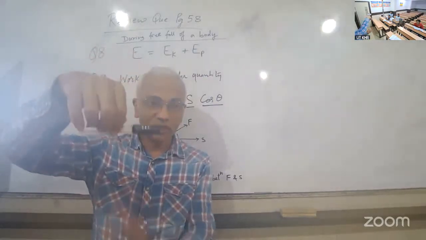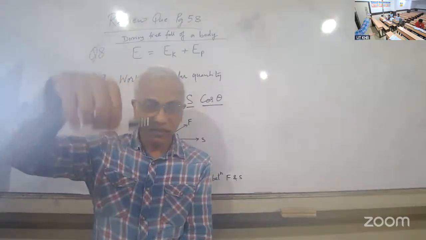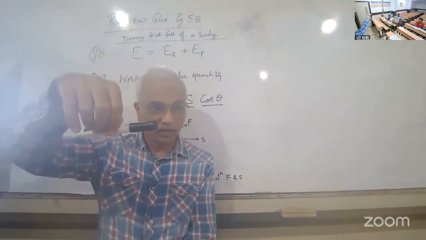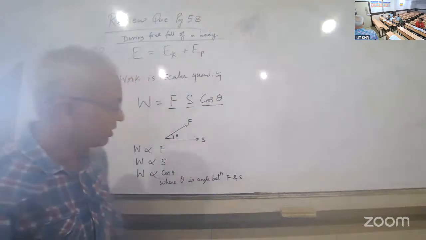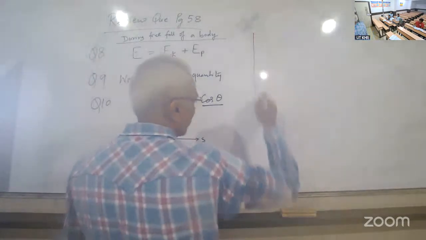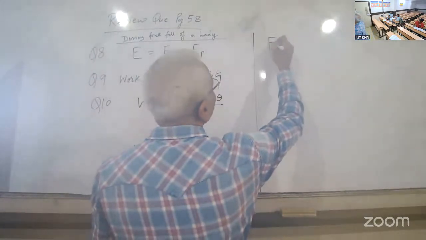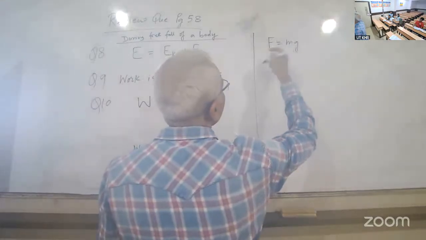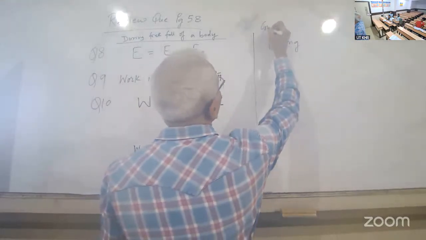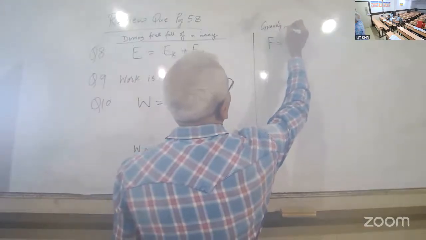It is also the weight of the object. Weight and gravity are the same thing. Is that clear? And what is the formula for weight? F equal to mg. So this is gravity, or weight.